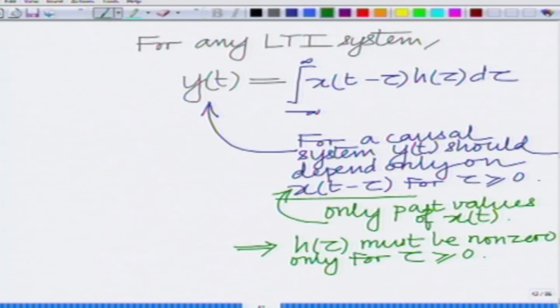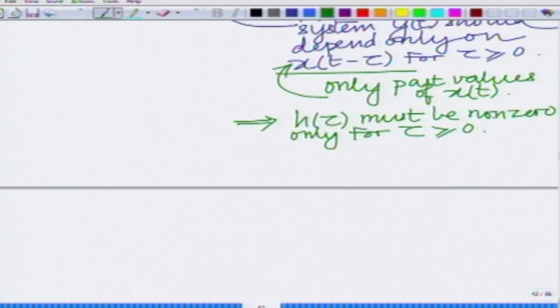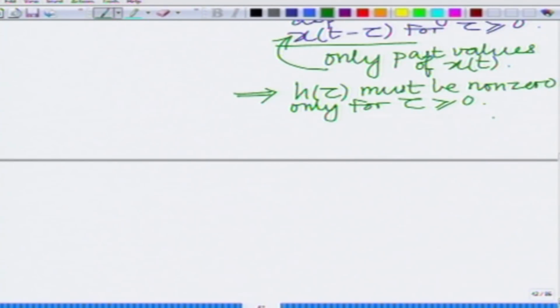Therefore h of tau must be non-zero only for tau greater than or equal to 0, which also implies h of tau equals 0 for tau less than 0.